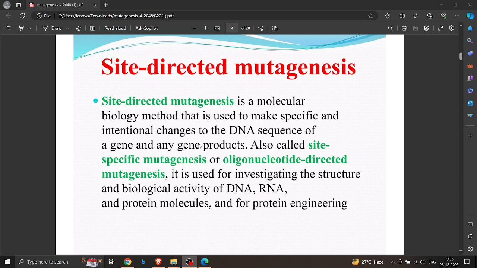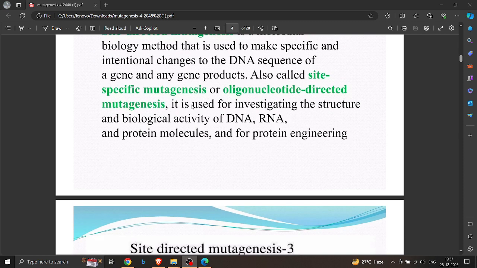It is used mainly for investigating the structure and biological activity of DNA, RNA and protein molecules, and for protein engineering.